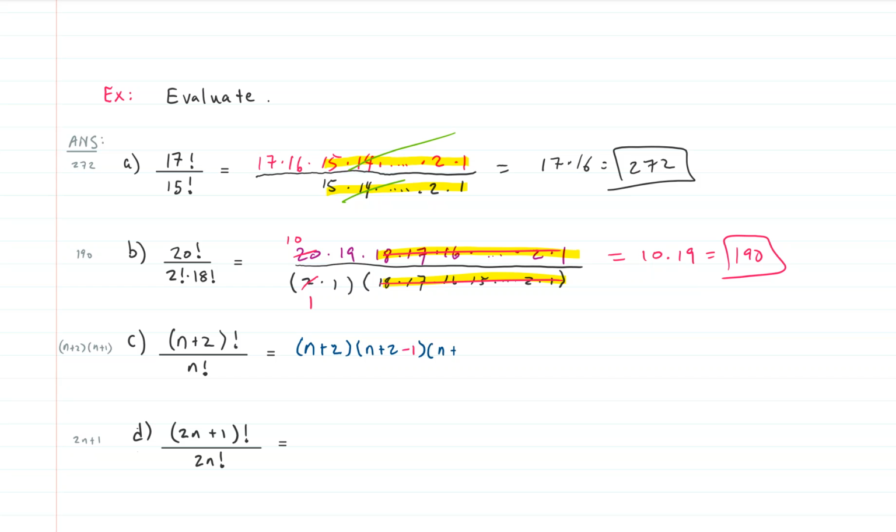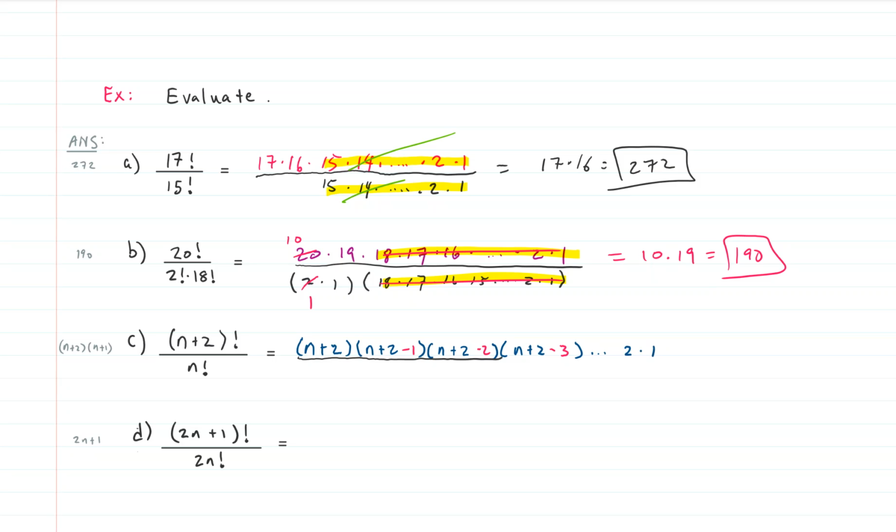And we have n plus 2 minus 2, and then we have n plus 2 minus 3. And we keep going, right? This is how the factorial works, all the way down to 2, and then 1, and then we're done with that.